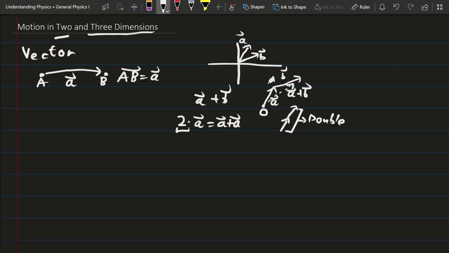And with this, we could actually do this algebraically as well. And the way that we will do this algebraically is that we need to know that every single vector can be decomposed into n independent vectors, which we will call the unit vectors.